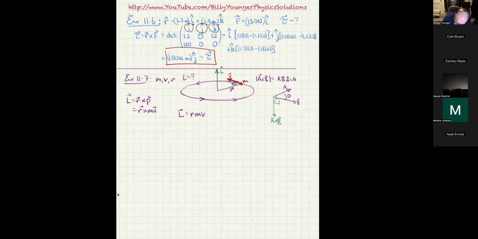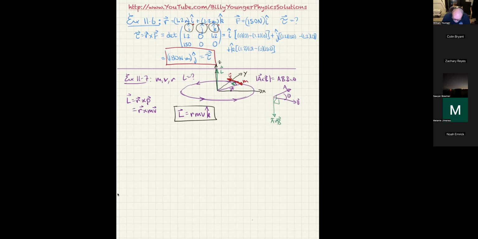And specifically, if I assume this is my x-axis and this back here is my y-axis, then this up here is my z-axis, and the angular momentum vector would just point in the k-hat direction. Okay? You could actually take the time to make out an r vector, a v vector, and an m times v vector, and then do the cross product, but you'd still get the same results.